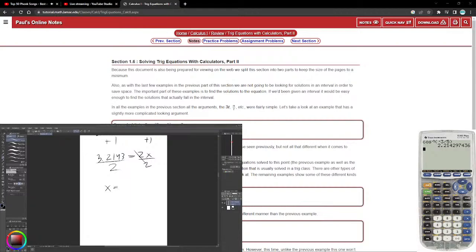X equals 3.2143 divided by 2. We got 1.6072.